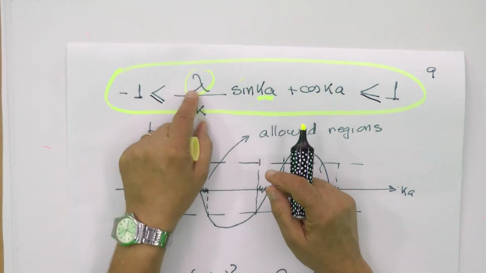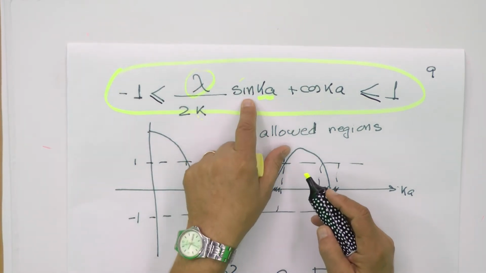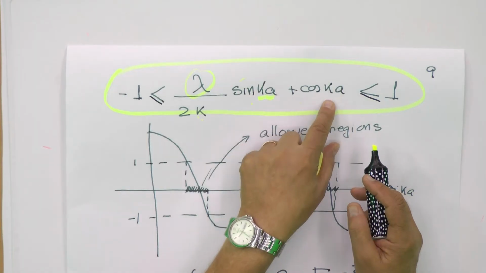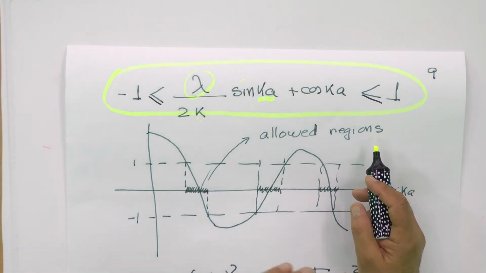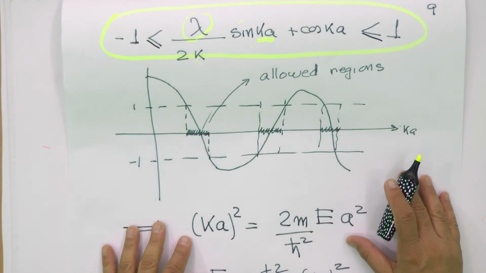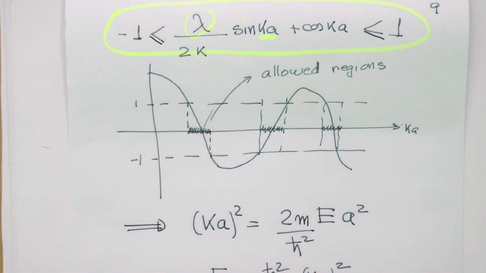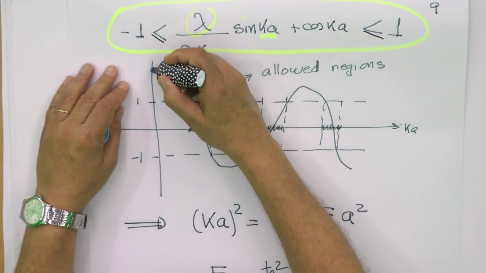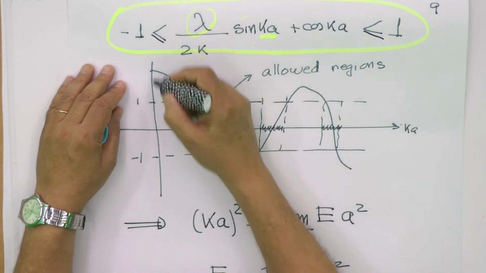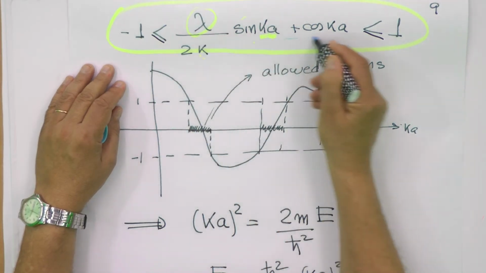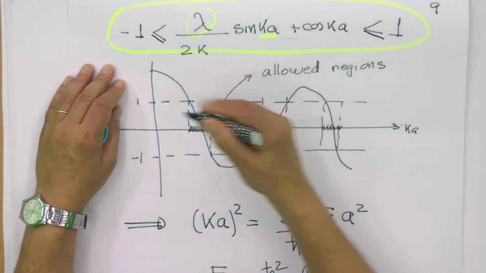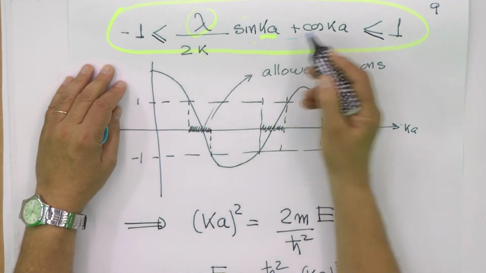This expression, lambda divided by 2k sine of Ka plus cosine of Ka, is an oscillatory function. So I'm going to represent the function here. This is just a drawing, of course. I'm not being very careful. In the vertical axis, I'm plotting this whole thing. Of course, this can be bigger than 1.